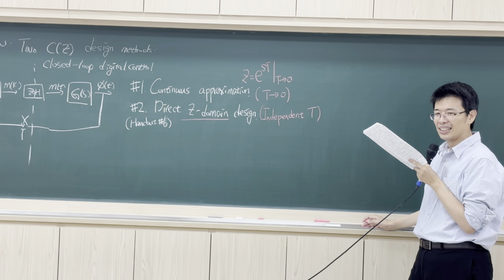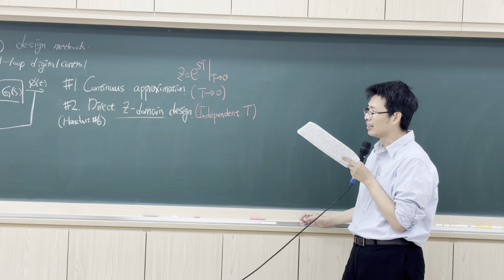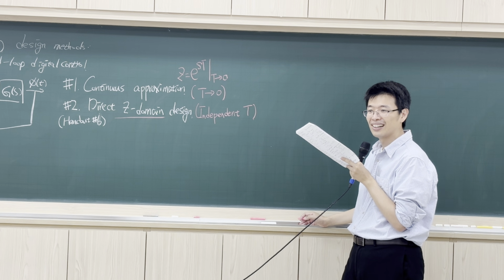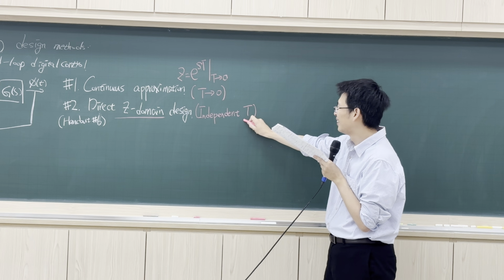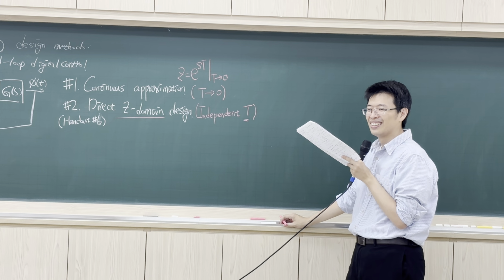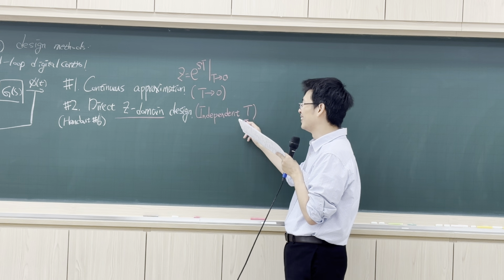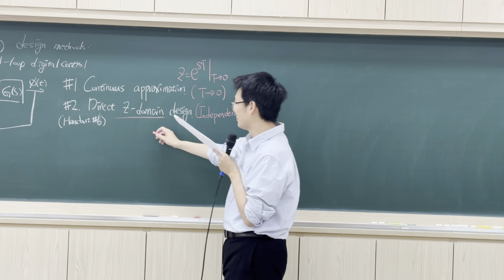As I continuously emphasize, the difference between continuous time and discrete time is D to A and A to D. The key parameter inside D to A and A to D is sample.